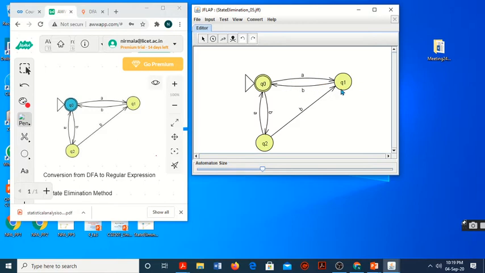So when we eliminate this state Q1, this loop AB, which can be repeated any number of times, has to be represented with Q0. Therefore, we can make a self loop of AB which appears any number of times and we can remove this state.